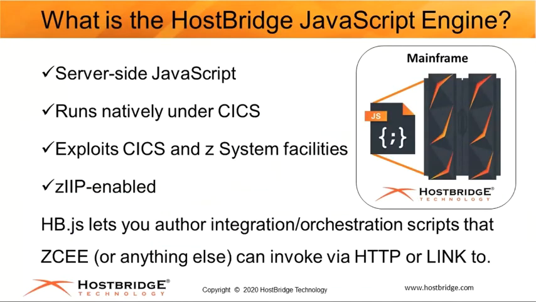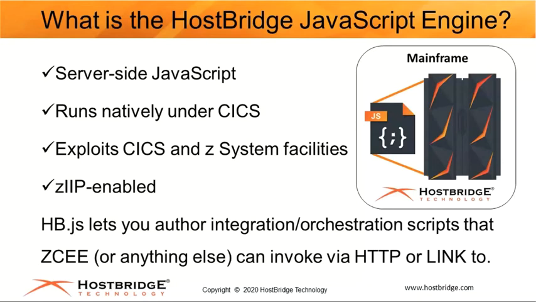I don't want to belabor the point of the JavaScript engine, but I do just need to say a few things just to clarify. Usually in this part of the presentation, someone might ask a question, now where does it run? So I want to be painfully clear that our automation engine, which we call HB.js, runs natively under CICS. It's on your mainframe. It exploits CICS and Z, and it's zIIP enabled.